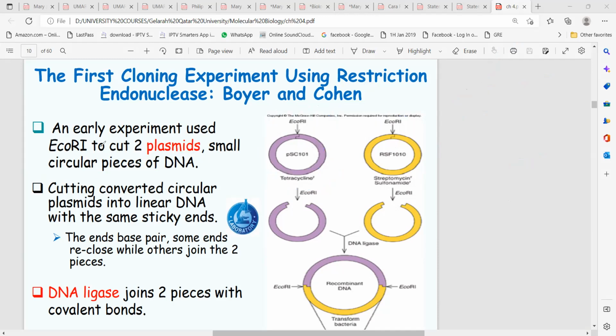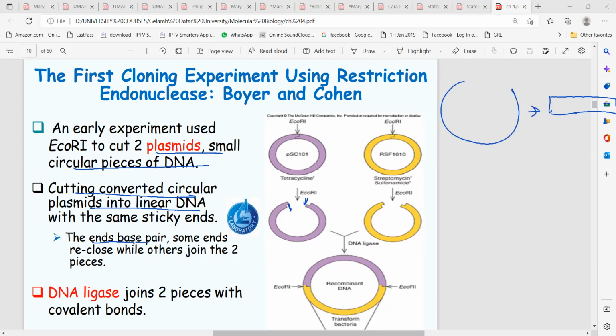An early experiment used E. coli to cut two plasmids, small circular DNA. This cutting converted circular plasmids into linear. Circular to linear is a straight line, with the sticky ends. These are the sticky ends. Later it will become linear, like they will straighten.